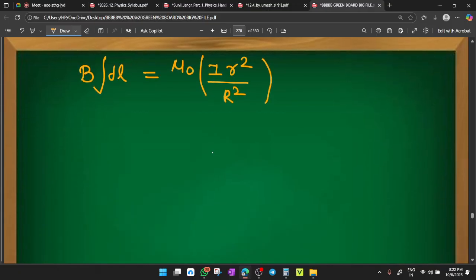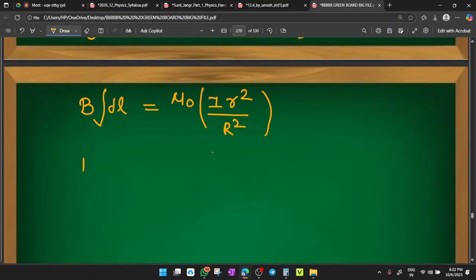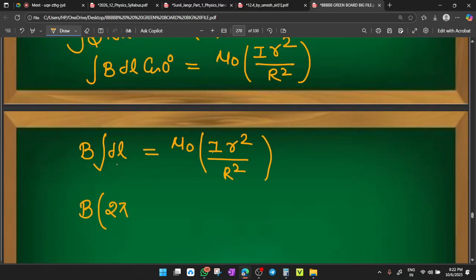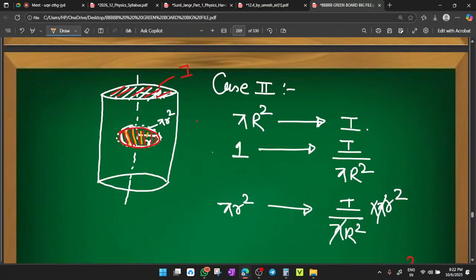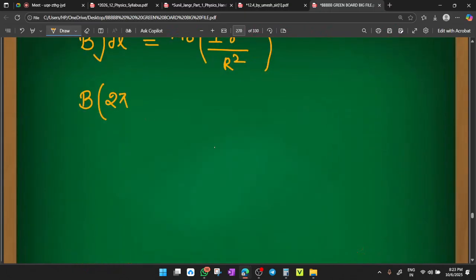Now place the value of the integral of dl here, which equals 2 pi r. B into 2 pi, what should it be, small r or capital R? The radius of the Amperian loop we have considered is equal to small r. So it should be small r.